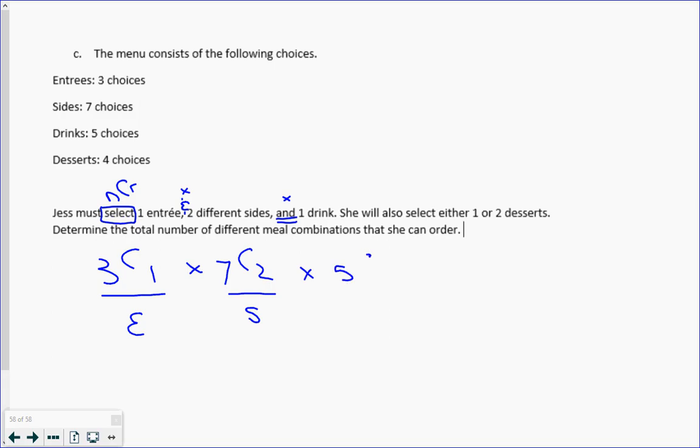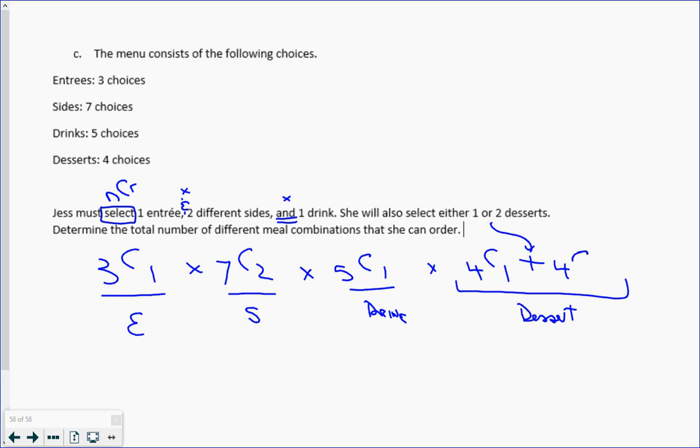And 5 choose 1 for the drink. Now she's also going to select a dessert. So and dessert. But dessert, she can select 1 or 2. So that means she can go 4 choose 1 or, which means plus, 4 choose 2.